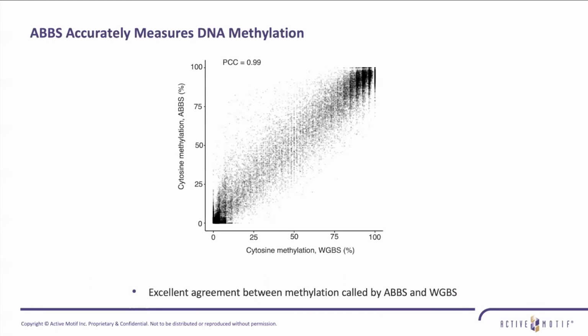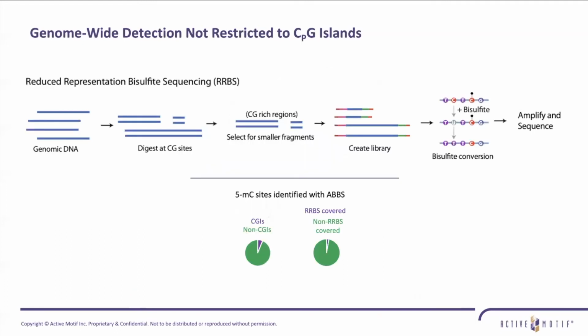Another very good method to map DNA methylation is called reduced representation bisulfite sequencing, or RRBS. And in this method, genomic DNA is fragmented or digested with restriction enzymes that will recognize CG sites.